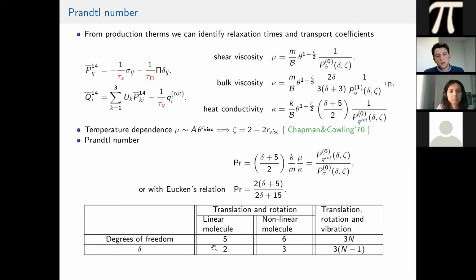If it's a linear molecule, like for example N2, then we choose delta to be equal to 2. And if it's a nonlinear molecule, we choose, let's say, delta equal to 3, and so on. So this is actually known, and this Prandtl number is a function of delta, and also of some psi. This psi can be found from the temperature dependence of the shear viscosity, so it can be extracted from data.